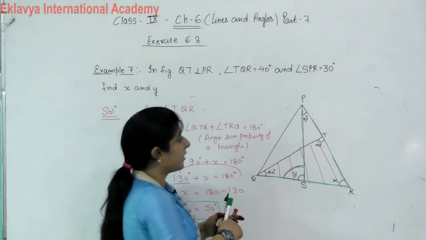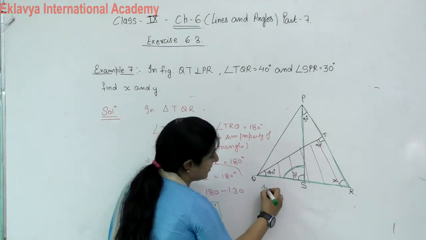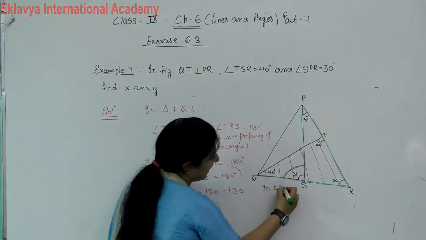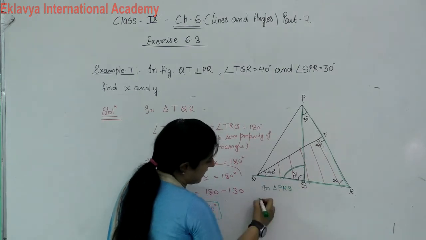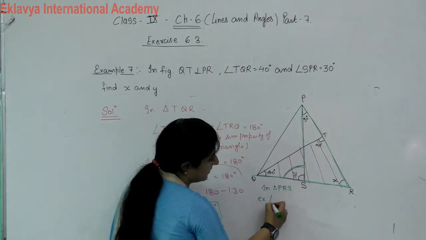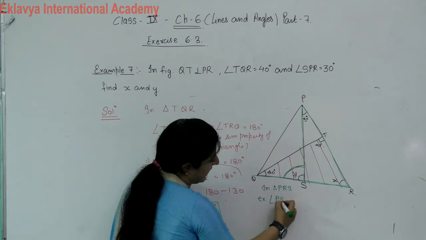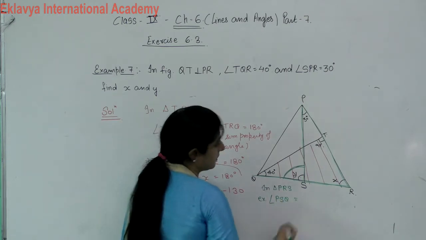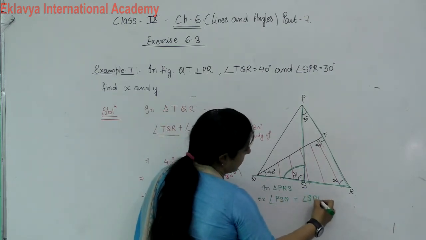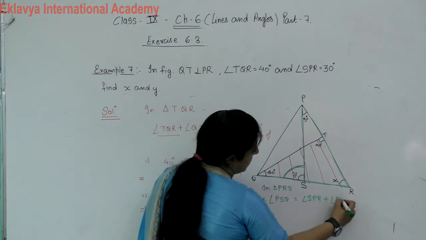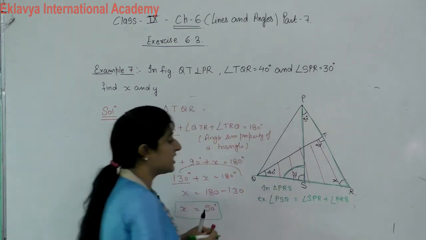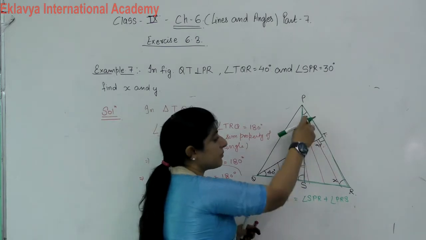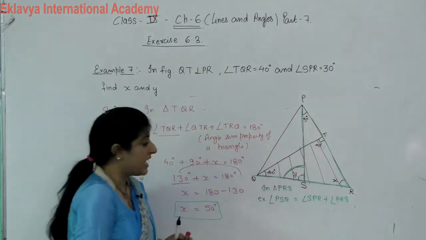So we can write down in triangle PRS, exterior angle PSQ is equal to SPR plus PRS. Exterior angle is equal to the sum of the two interior opposite angles.